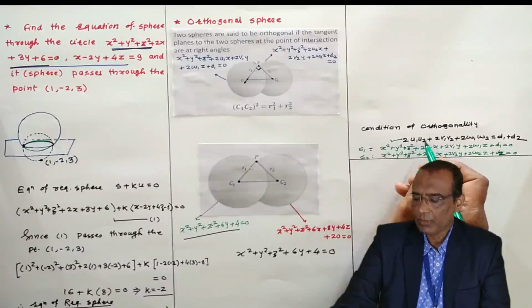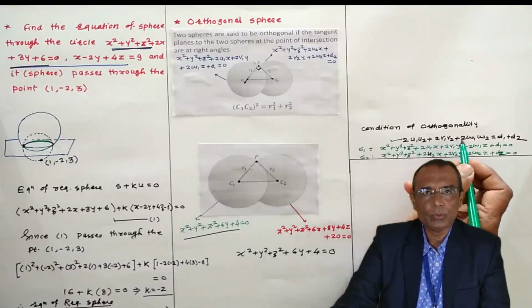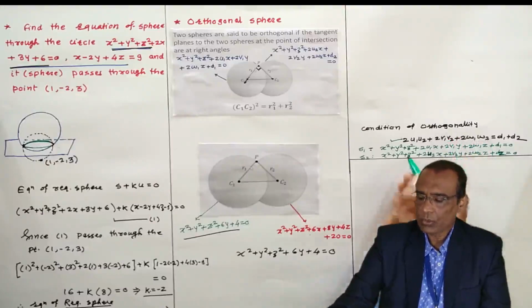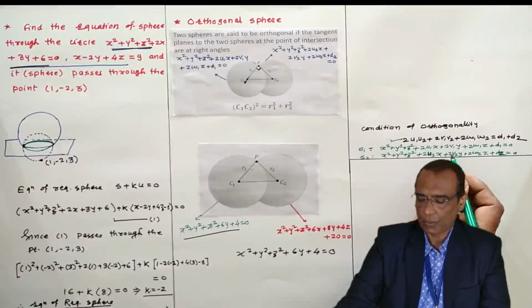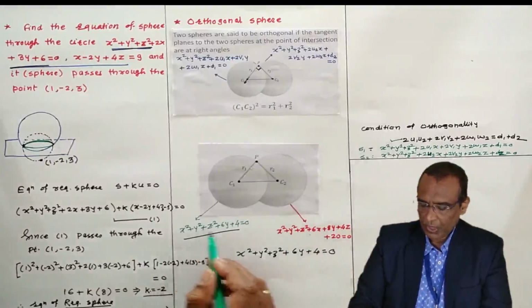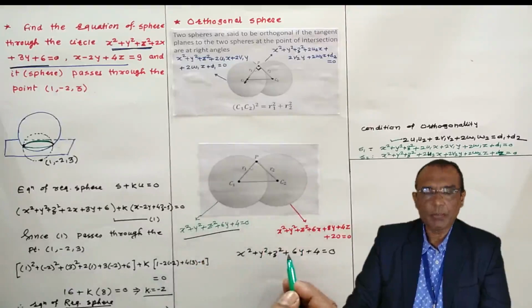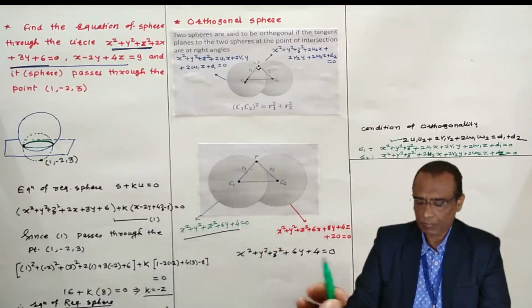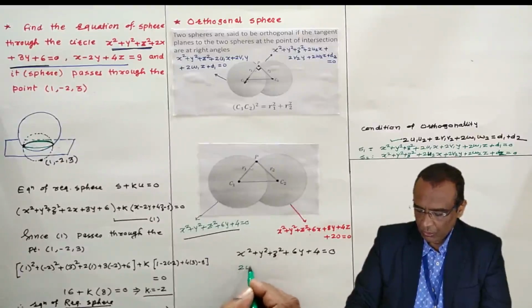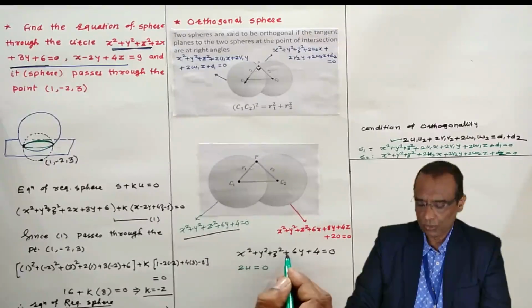The values u1, v1, u2, v2, w1, w2, d1 and d2, all of these I will get from the equation of the sphere, and these are the general equation of the sphere. Here two spheres are given. From the first sphere I am going to find the values of u1, v1, w1 and d1. See, the coefficient of x is 2u, which is not here, meaning 0.